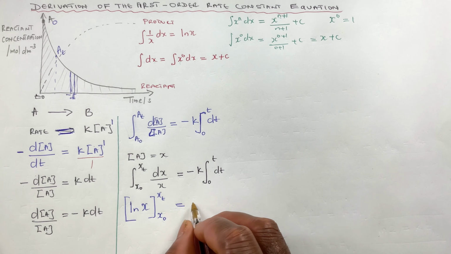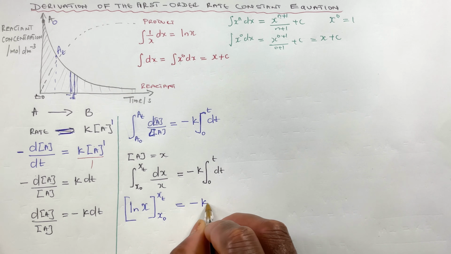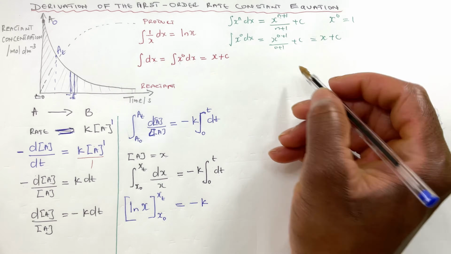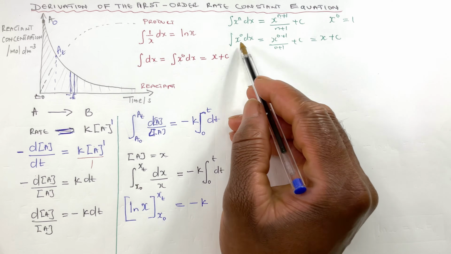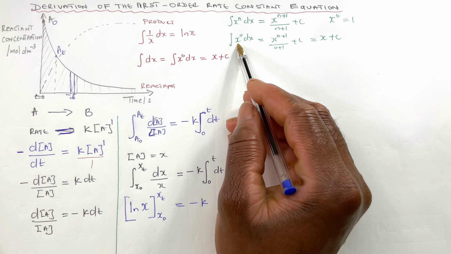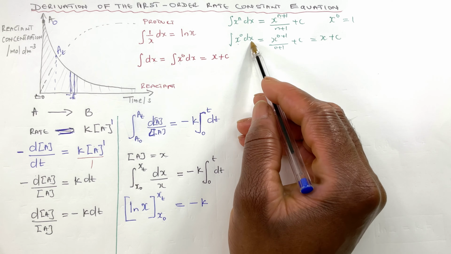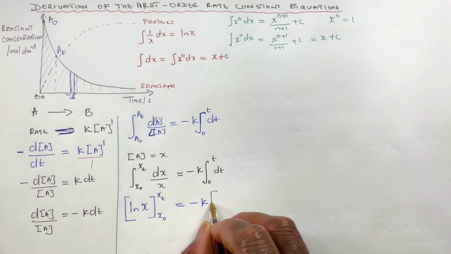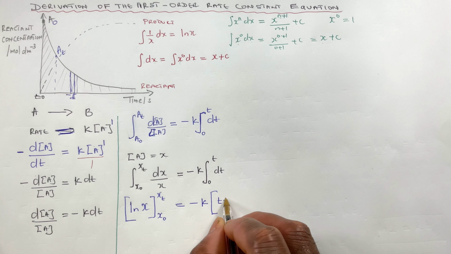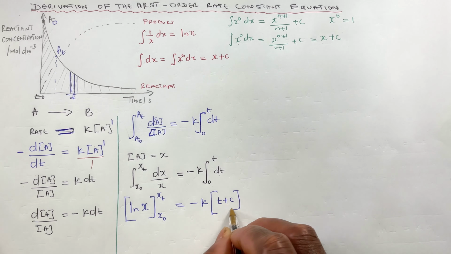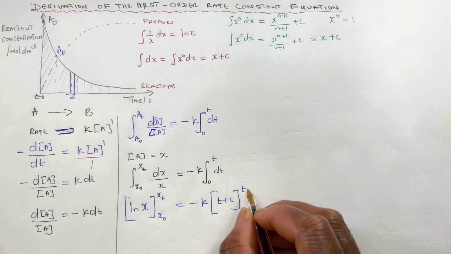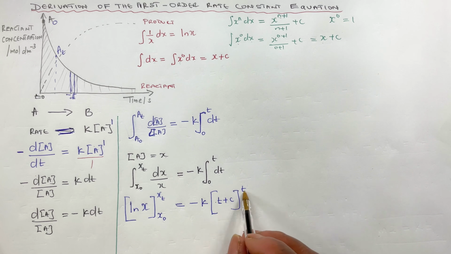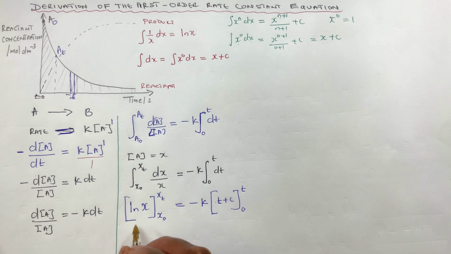And that will be equal to minus k, and integrating that, you've already seen what that is. If that was t there and t there, I'd be getting t plus c. So that will be the integral t plus c from 0 to t, so when t equals 0 and when t equals t.